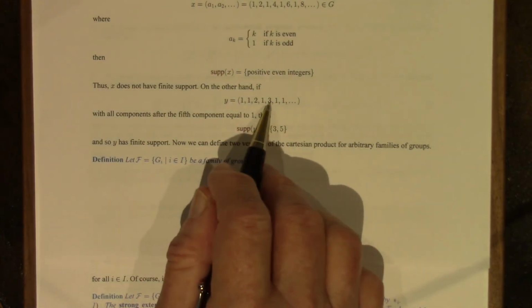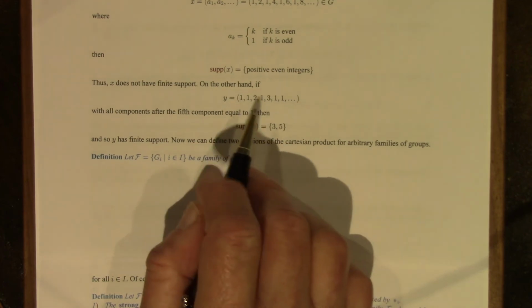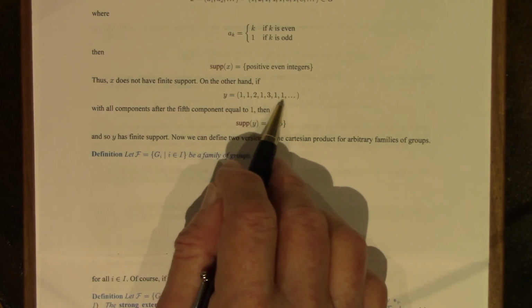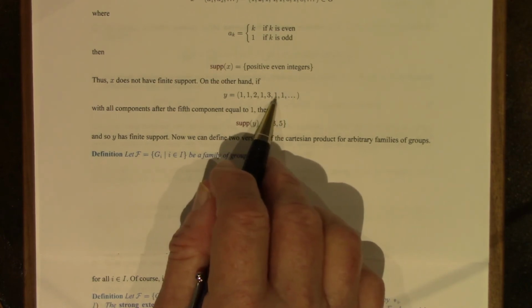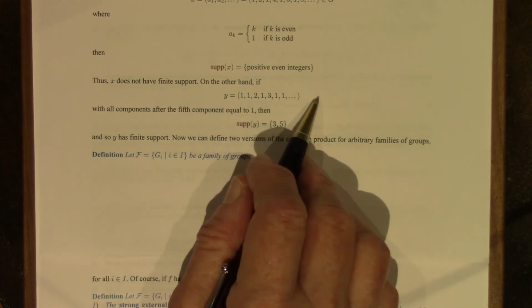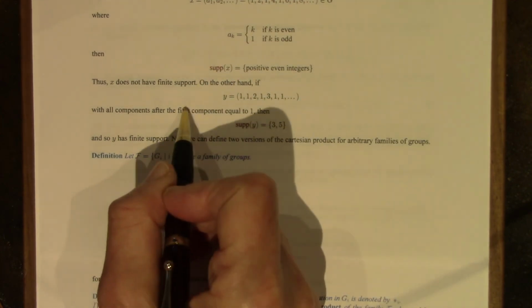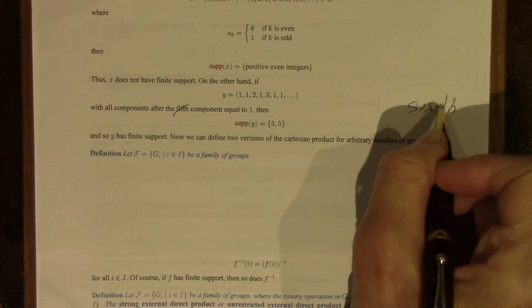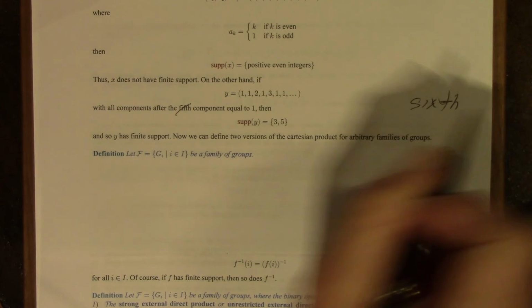This sequence, this component function, however, the components are all 1, starting with, what, the 6th, 1, 2, 3, 4, the 6th component on. I think that should be 6th. My arithmetic is a bit weak sometimes.